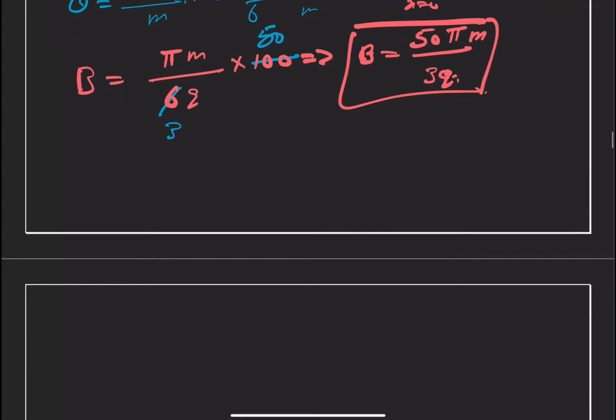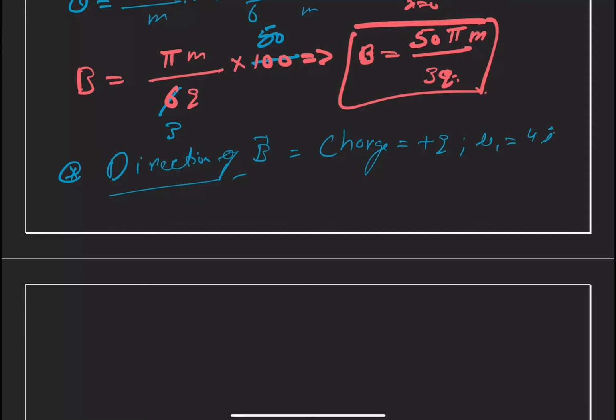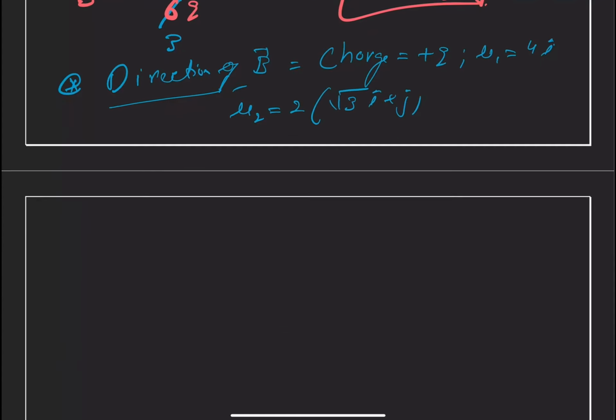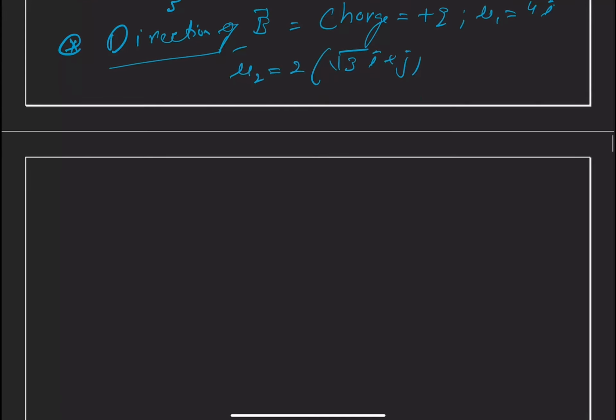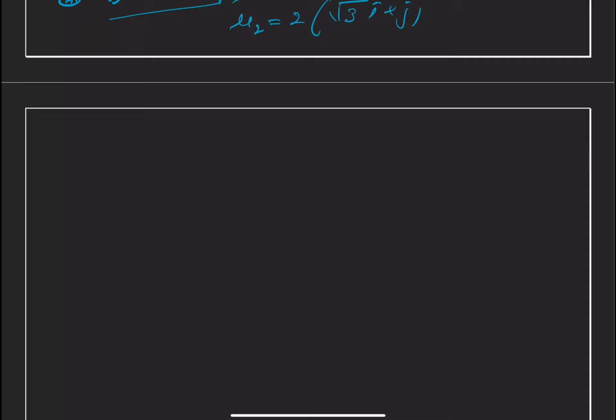We are given that the charge is positive and the initial velocity is 4i, the final velocity is 2 square root of 3 i plus j, and we also drew the diagram for this, that the path it takes is towards the positive j direction.